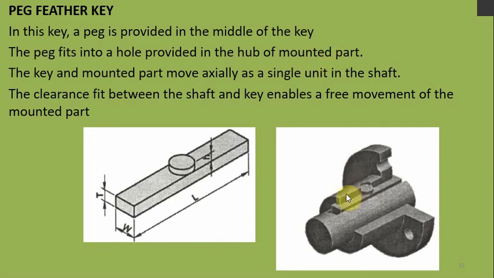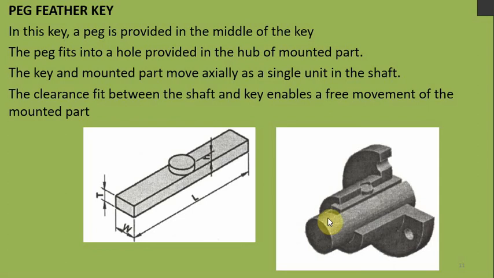So you can see here, this is the hub and this is the key. This projected part, or the peg, is fitting into the hub portion. The hub is provided with a circular hole. The key and mounted part move axially as a single unit on the shaft.